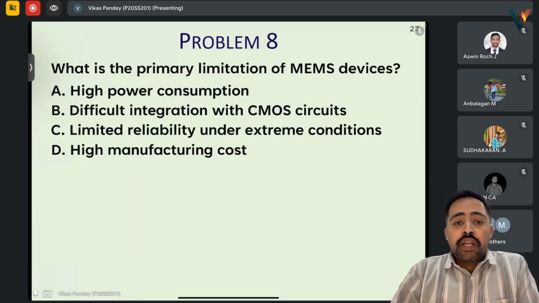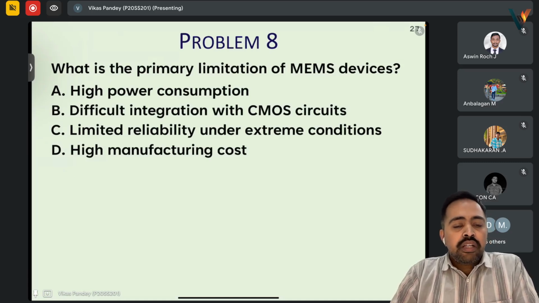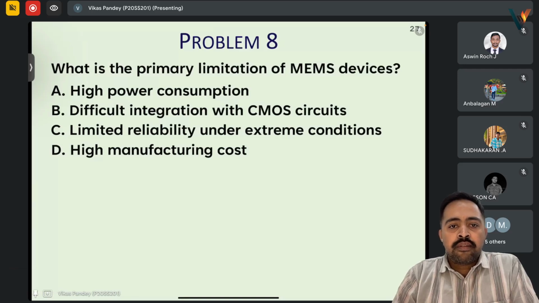What is the primary limitation of a MEMS device? High power consumption, difficult integration with CMOS circuits, limited reliability under extreme conditions, or high manufacturing cost. Yes, anyone? Sir, manufacturing cost high.